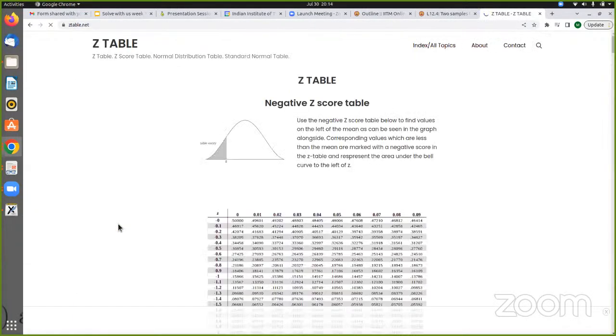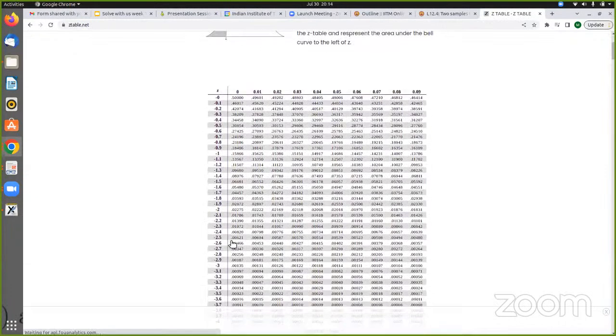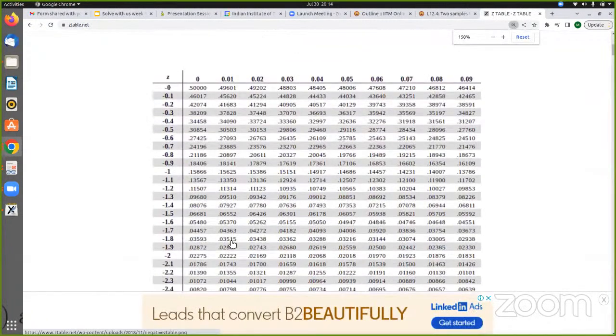Z table. Let's say if you want. Is this visible? Yes, sir. So Z values are here, right? Yes, sir.